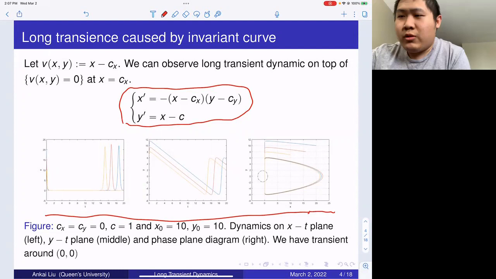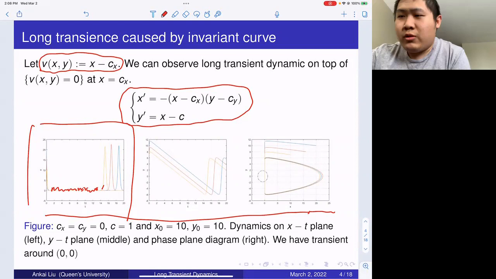If we consider V to be the projection on the x-axis, we are looking at this plot, and you can see, similarly to the SIR model, the x value stays around 0 for quite a long time compared to this bump. So just by eyeballing, we can observe the long transient dynamics in this model.